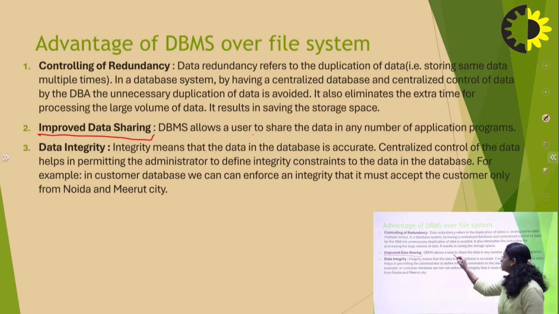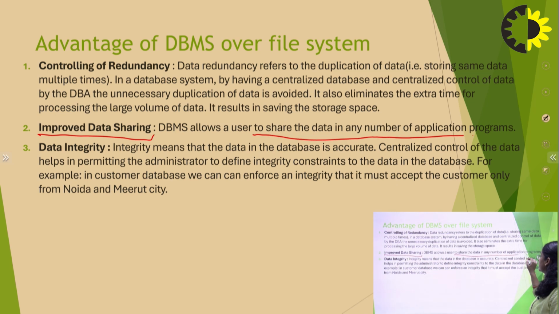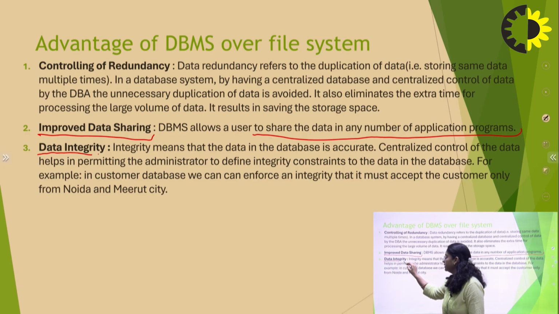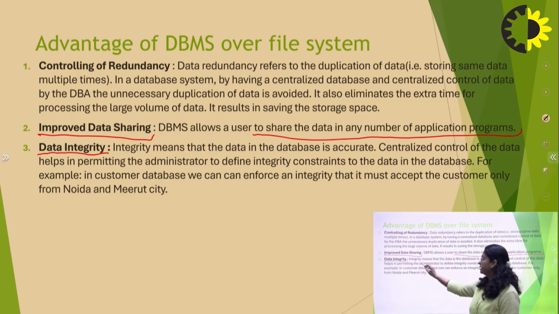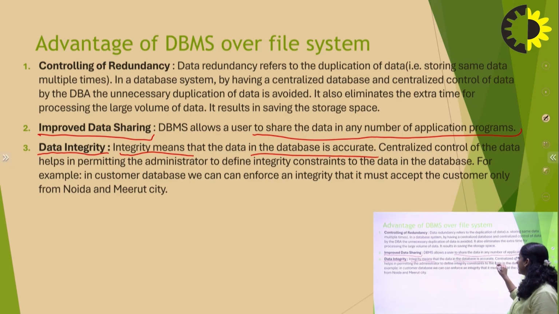DBMS allows a user to store the data for any number of application programs. Now, data integrity. For data integrity also we use DBMS. Integrity means that the data in a database is accurate. Centralized control of the data helps in permitting the administrator to define integrity constraints on the data in the database.